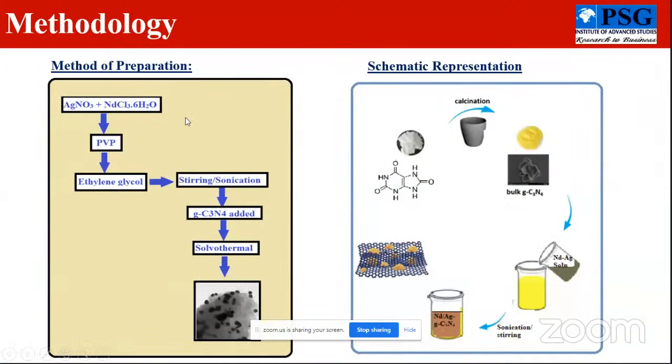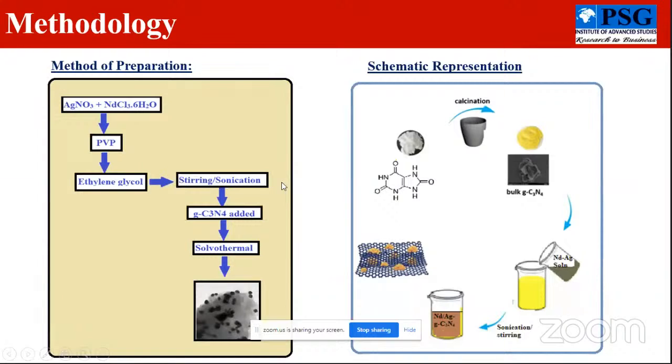This is the methodology. The precursors are mixed with polyvinylpyrrolidone, PVP, which is used as a surfactant to increase the uniformity of the Ag as well as Nd nanoparticles. We have used ethylene glycol as the solvent, and the mixture is stirred or sonicated until a homogeneous mixture is formed.